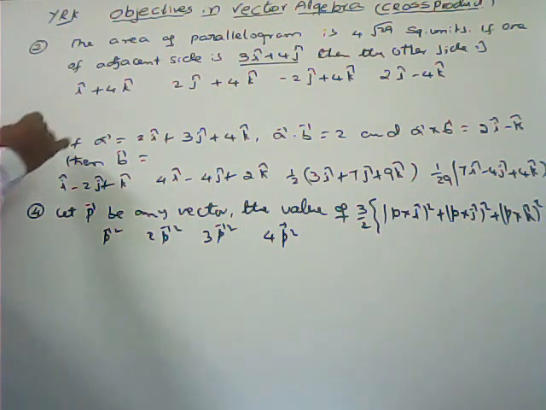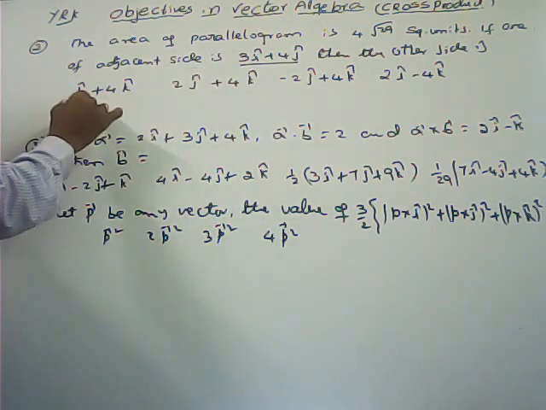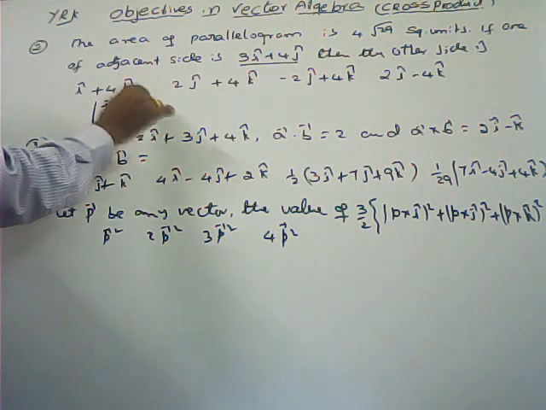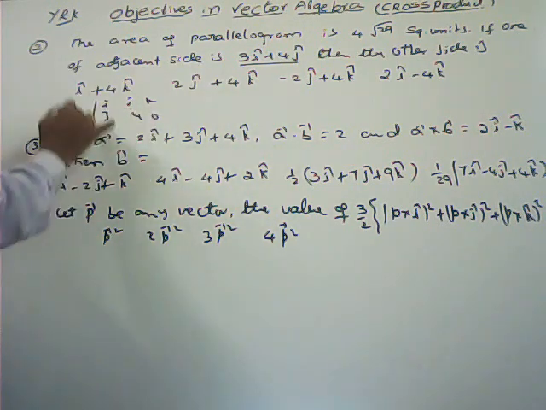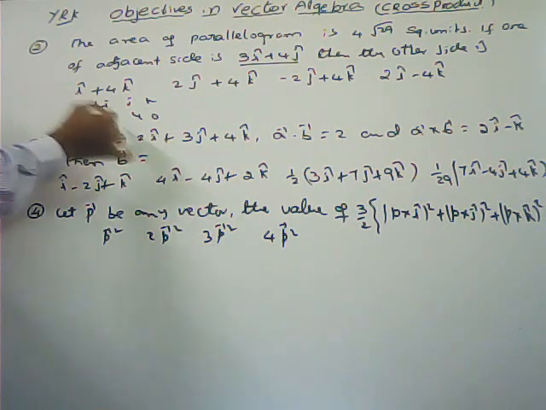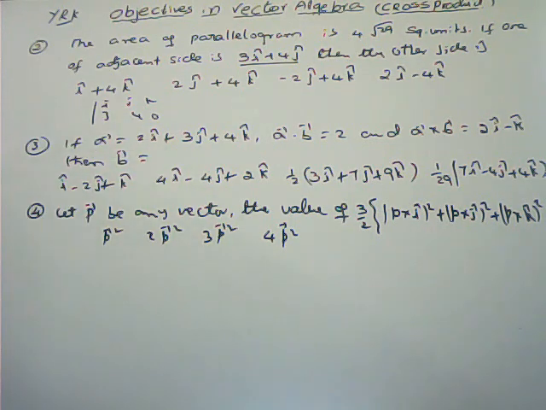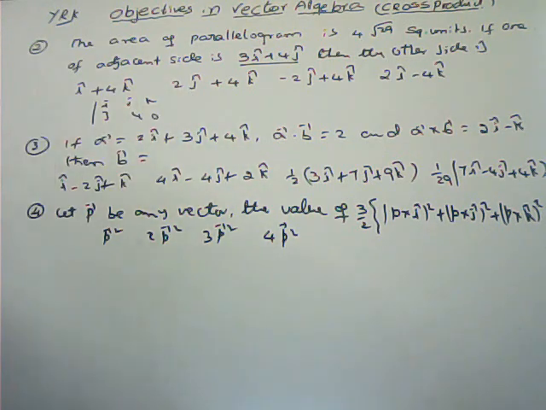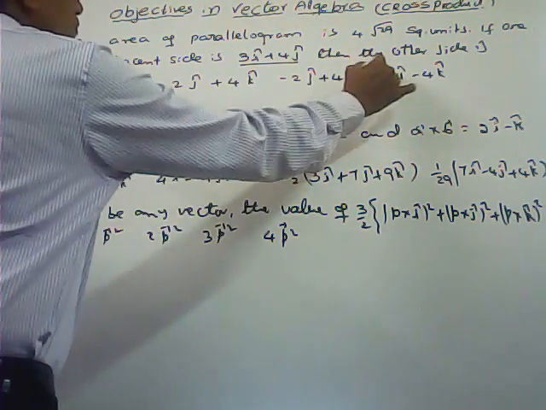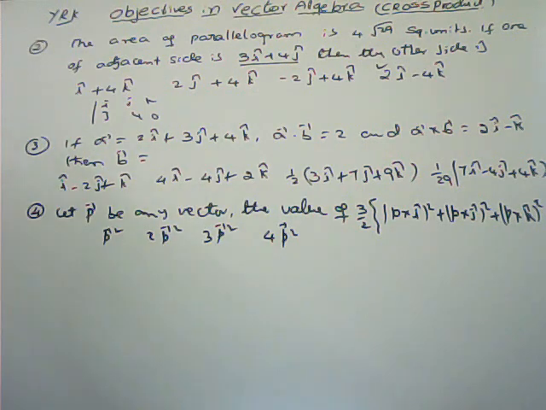How to find A bar cross B bar? Here cross product is the determinant of i, j, k, that is fixed, and this is also fixed: 3, 4, 0. Take the first option and see modulus of that one. Here we can get a vector and you can see its modulus. If you get 4 root 29, that is the correct option. Maybe here we can get the fourth option, that is the correct one.